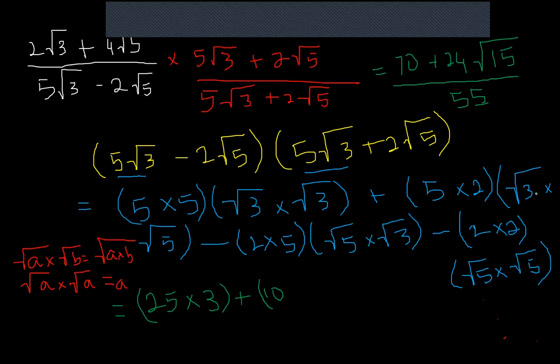How are they unlike surds? Because the number under the square root symbol, they're different. This one is 3. This one is 5. So you're not going to use this rule, you're going to use this one. So that's the square root of a times the square root of b is the square root of a times b. So that's going to be the square root of 3 times 5, which is 15.